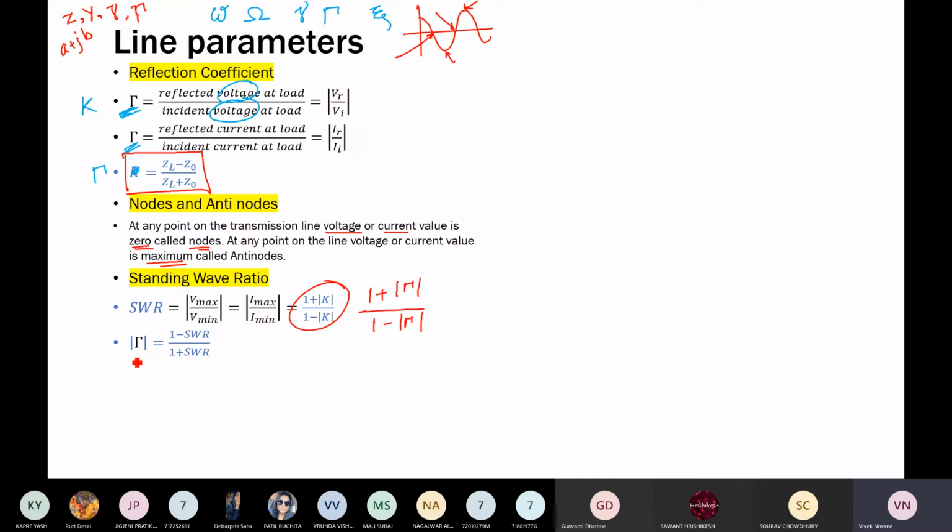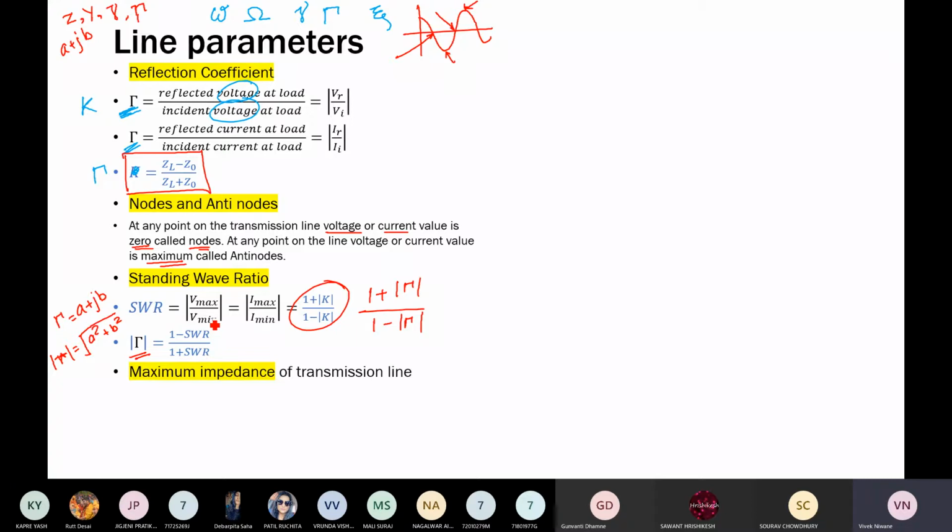But whenever we say magnitude of gamma, for example if gamma is represented as 1 plus jb and we want to find the magnitude of gamma, it is nothing but the square root of a square plus b square. We are talking about only the magnitude part. So it is given as (1 minus SWR) upon (1 plus SWR).